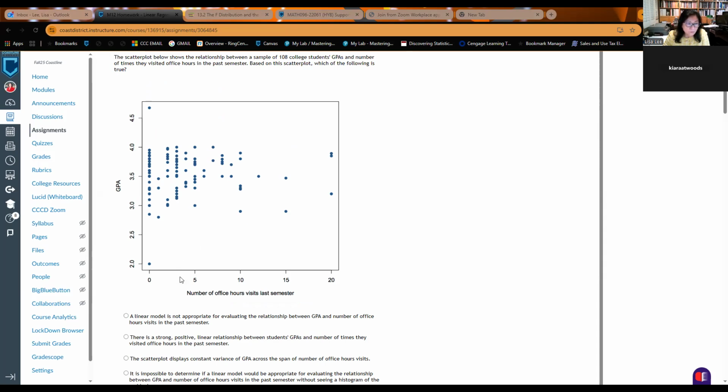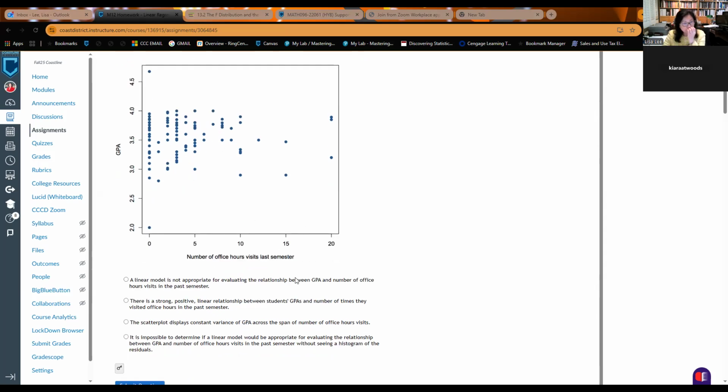And when you look at the 5 visits here, the GPA is different again, from 3 up to 4.0. So that's the variance, the rest of the differences, variations.